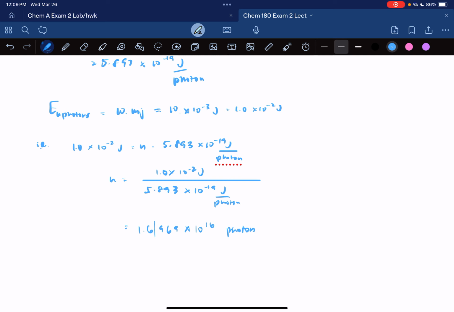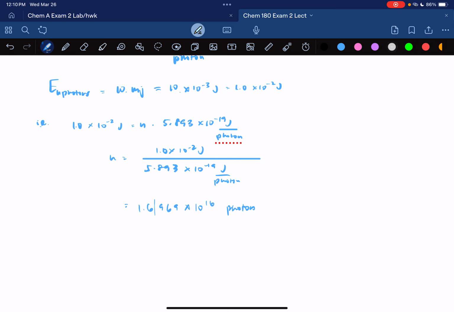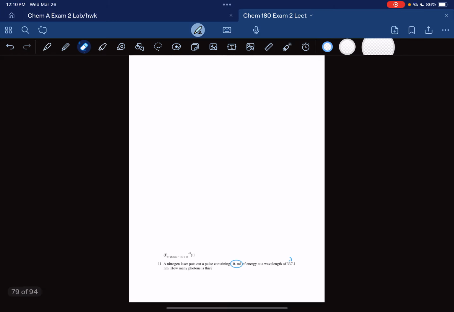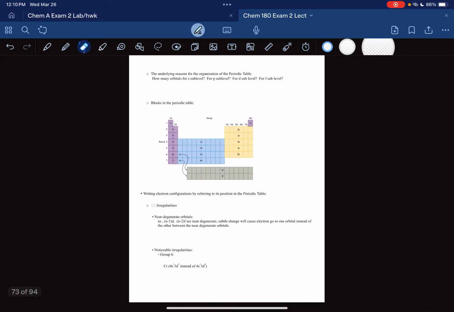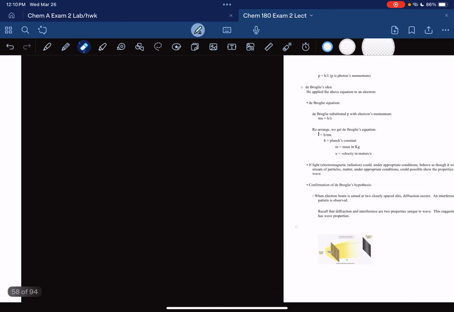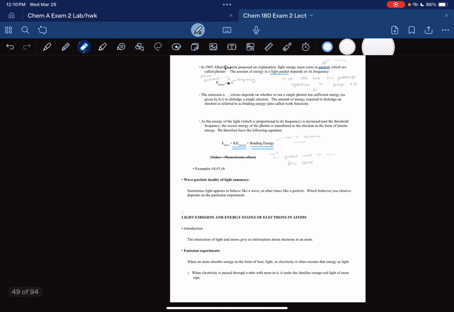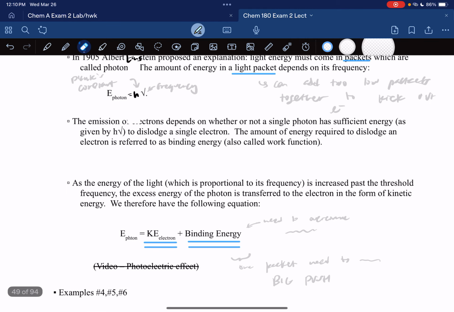So even though the wave comes in with ups and downs in cycles, the energy is actually in packets. So that's why sometimes it behaves like a wave, depending on what you're looking at. Sometimes it's a particle, in the sense that it's energy coming in packets.